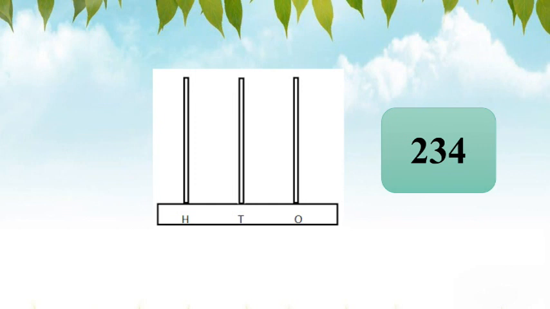In the ones column, which number is there? Yes, 4. 1, 2, 3 and 4. In the tens column it is 3, right? So we have to draw 3 circles here. 1, 2 and 3. In the hundreds spike we have to draw how many circles, students? Yes, 2. 1, 2. So that means 234.